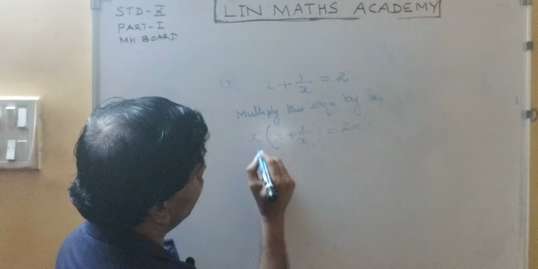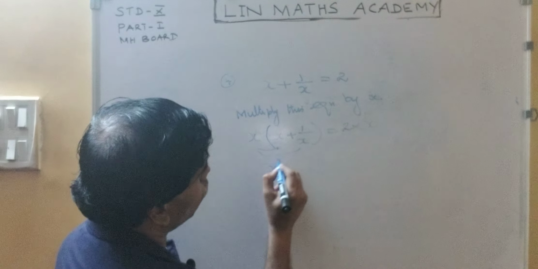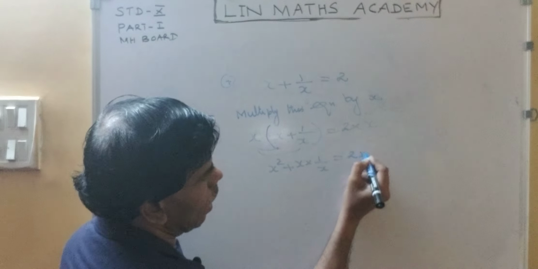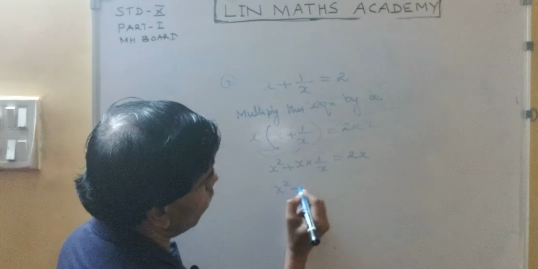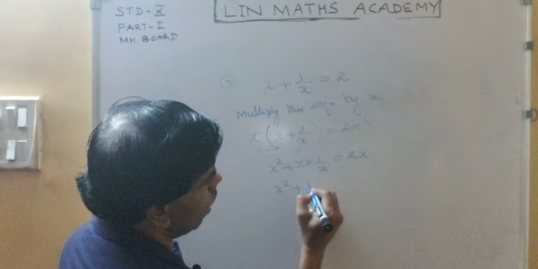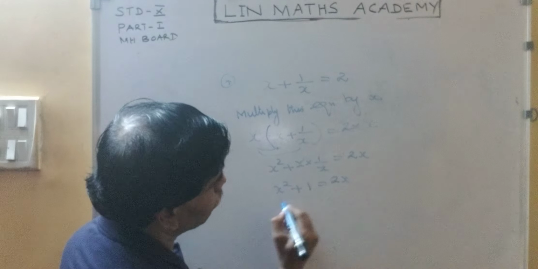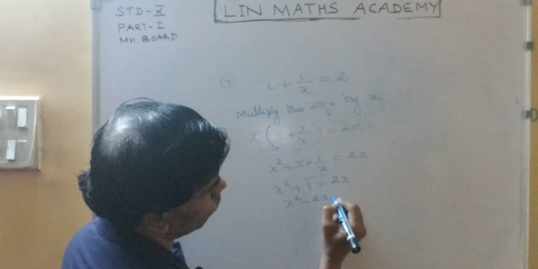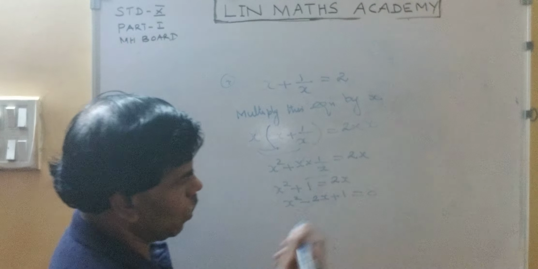So x square plus x into 1 by x equal to 2x. So x square plus 1 equal to 2x. So x square minus 2x plus 1 equal to 0.